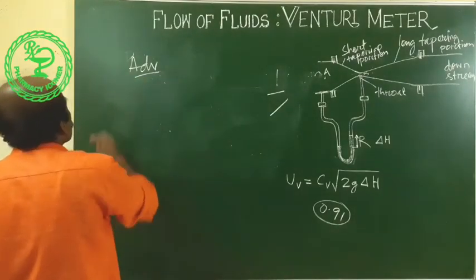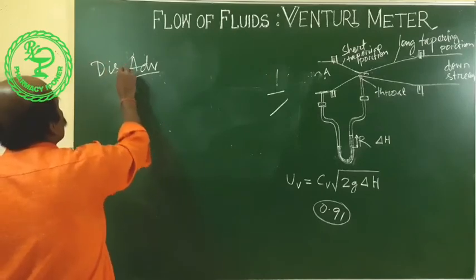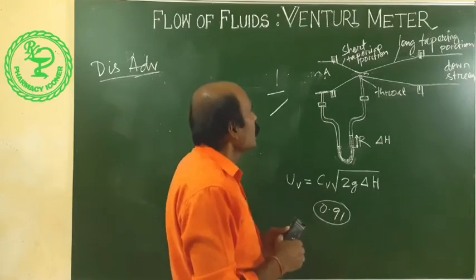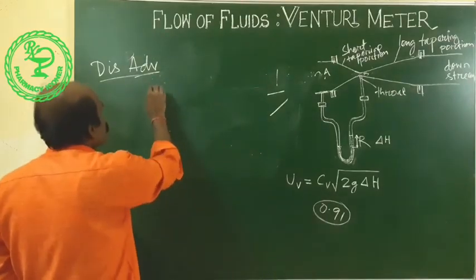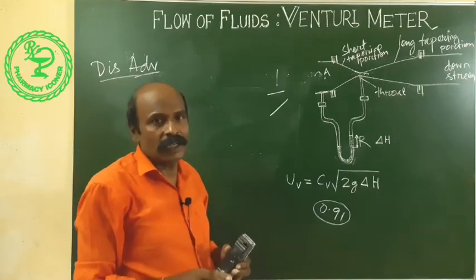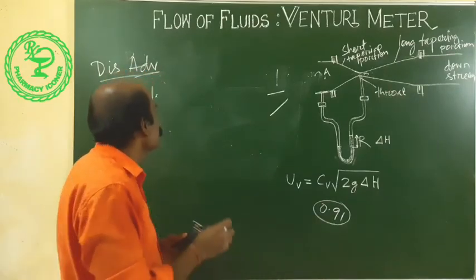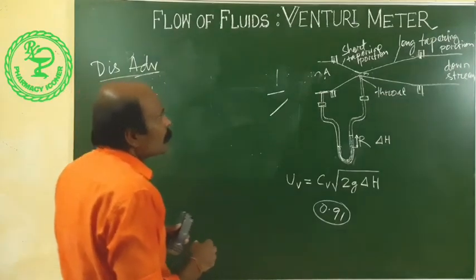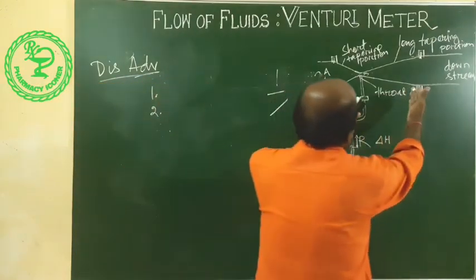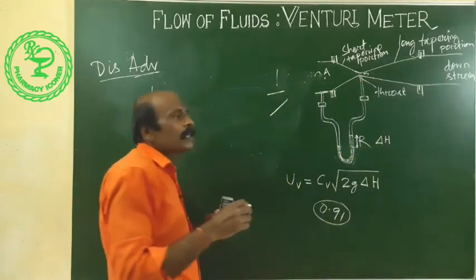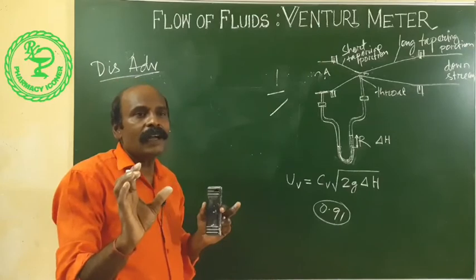Next is the disadvantage. Number one, it is costly, its manufacturing cost is high. Number two, it is a long piece, so we cannot use this in a short pipe.